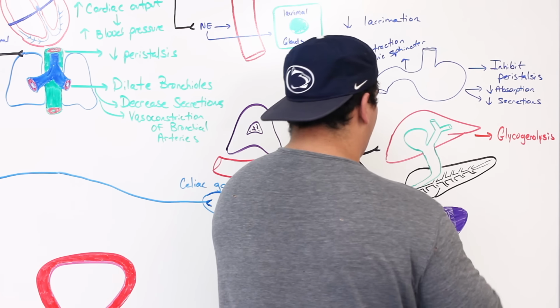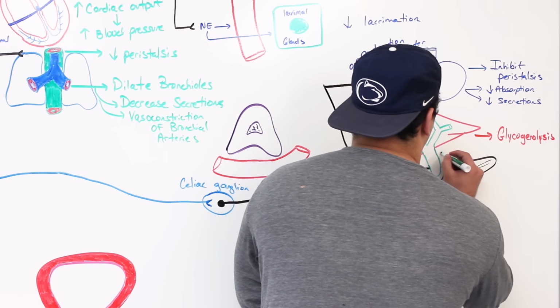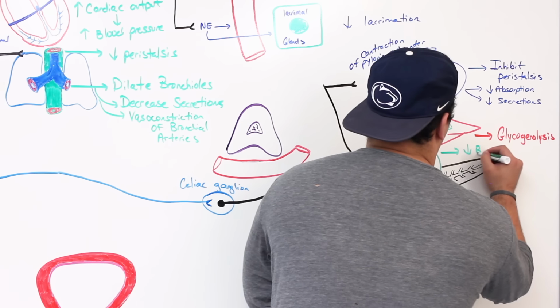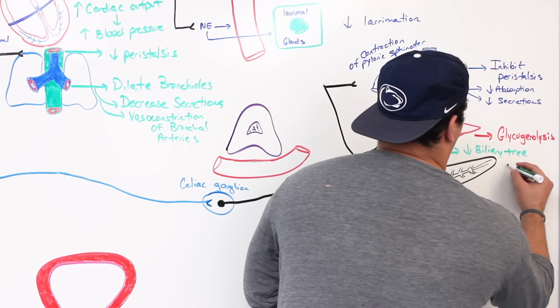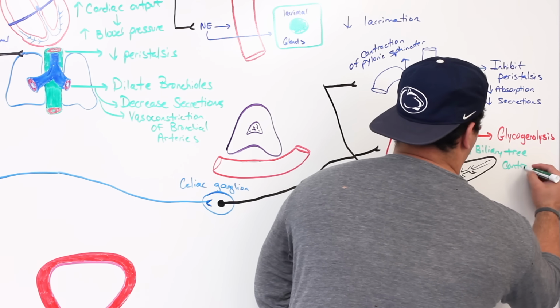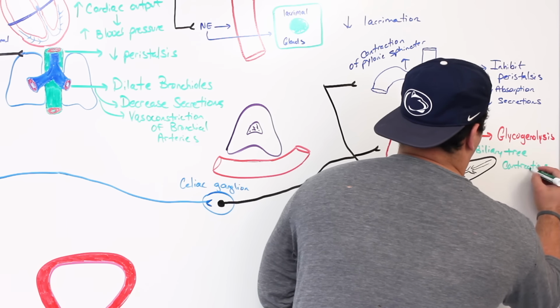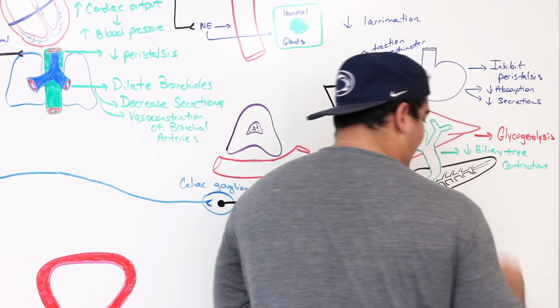So you're going to want to decrease biliary tree contractions and flow. Here, I like that better. Let's say decrease biliary tree flow, okay? Because again, you're not really focusing right now on trying to get rid of the bile and help to cause the emulsification of fat. That's not really your focus at that point in time.